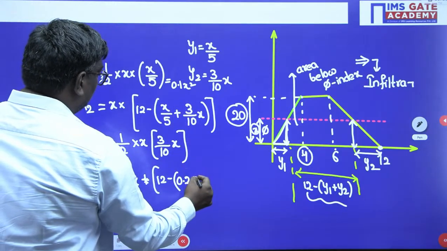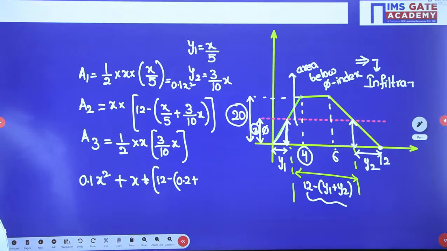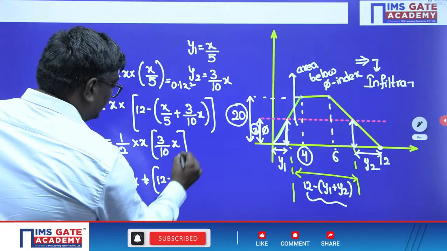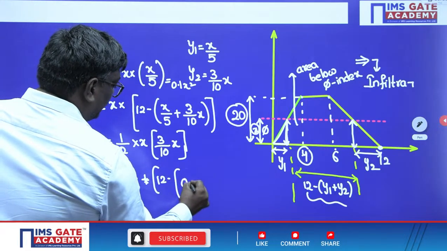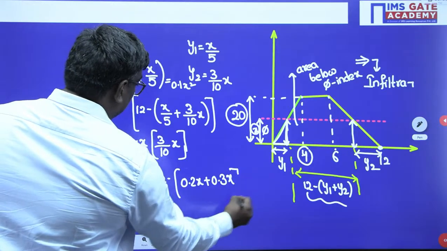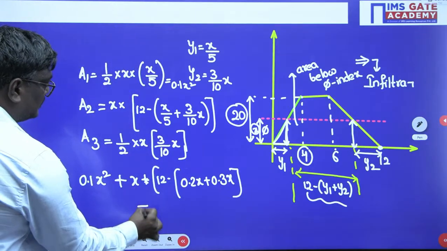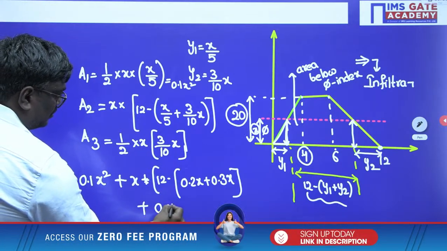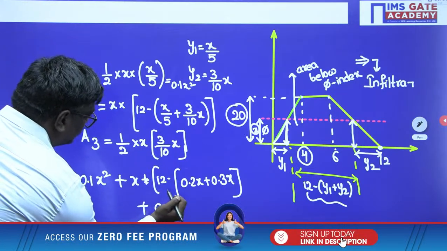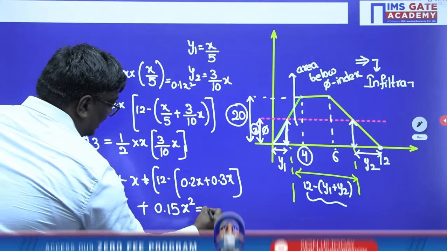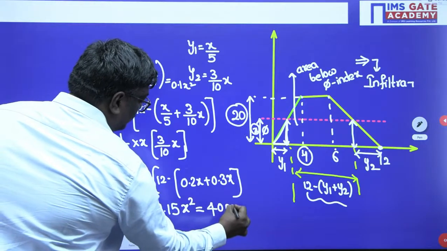This will be 0.2x plus 0.3x, okay, plus this is 0.15x square. This area should be equal to 40 mm.